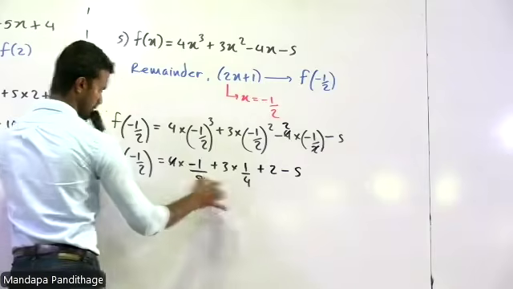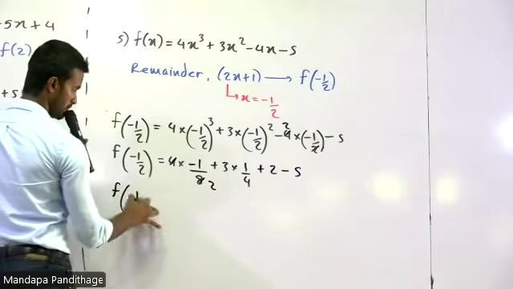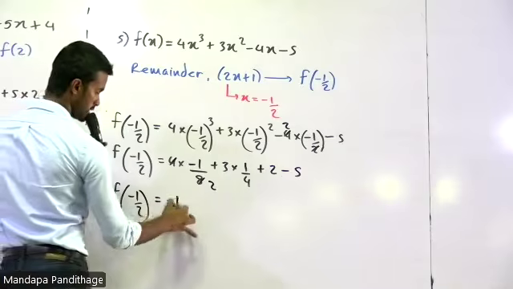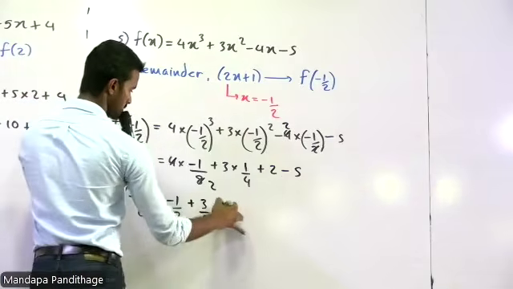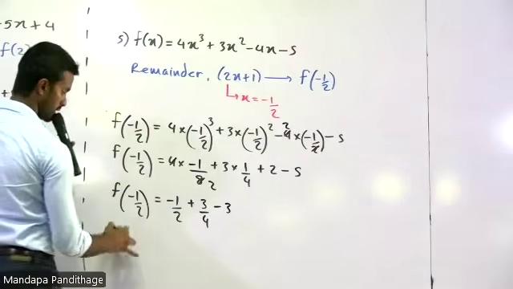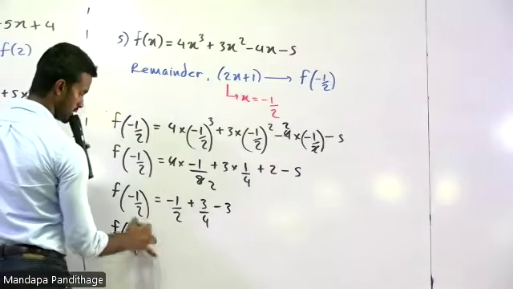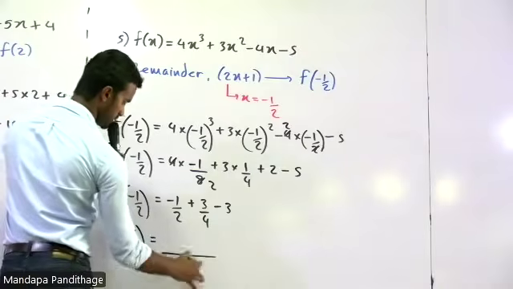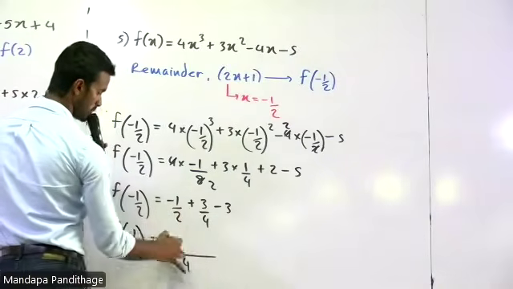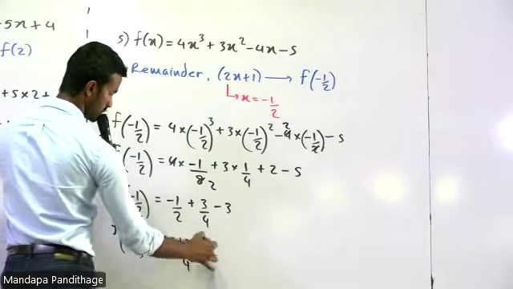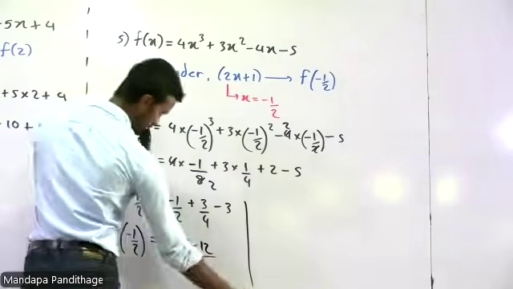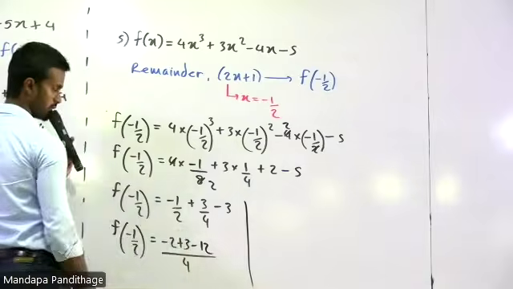So when you simplify, f minus half is equal to minus half plus 3 over 4 minus 3. We take 4 as the common denominator. Multiply this by 2, plus 3, multiply this by 4, it's 12. Which gives you minus 14 plus 3.